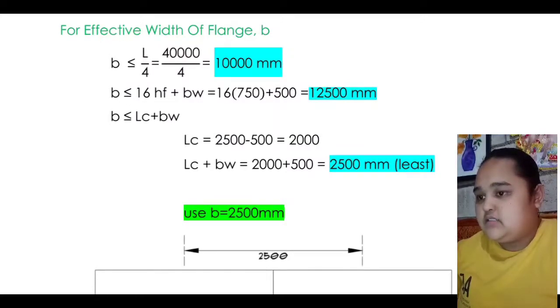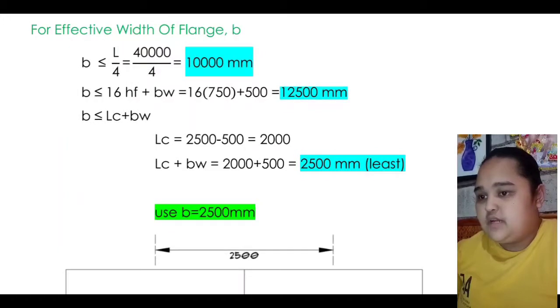B is less than or equal to LC plus BW. LC is equal to 2,500 minus 500, that is 2,000. So B is 2,000 plus 500 is equal to 2,500. And we can use B as 2,500 because it is the least.